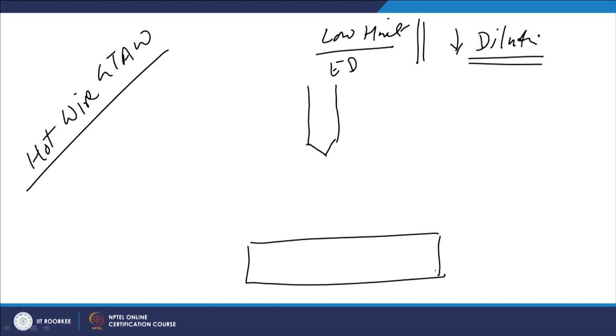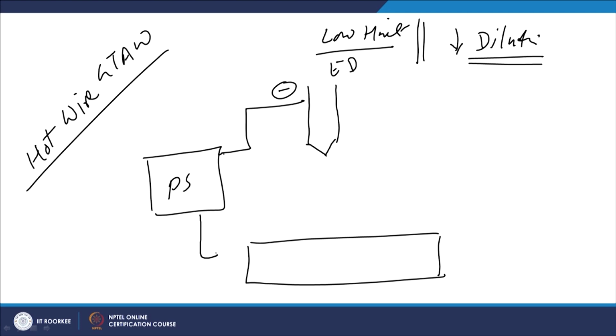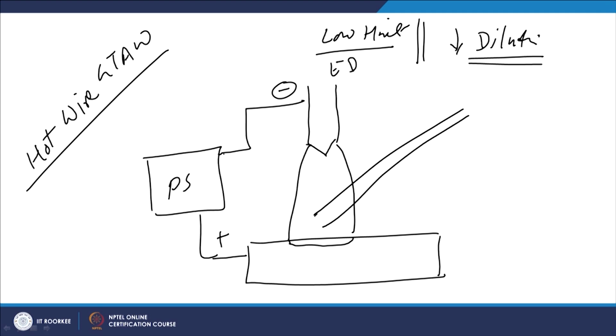So, what we do basically, we use the conventional GTAW power source like this, where negative terminal is connected to the electrode and positive terminal is connected to the substrate. Arc is established. So, this will be facilitating the melting of the substrate up to some depth. Then we use whatever filler is being fed in the arc zone for developing the bead-on-plate weld surfacing. This filler is preheated.